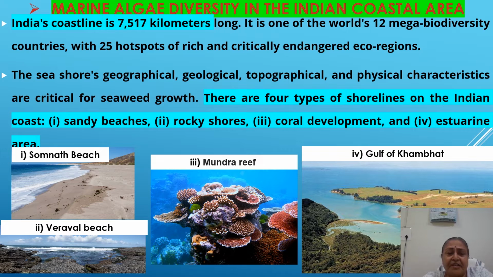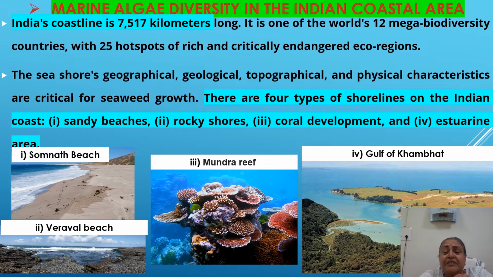The sea source geographically, geologically, and topographically and physical characteristics are the criteria for seaweed's growth. So, all the species of seaweeds will not grow on the whole coastal area.